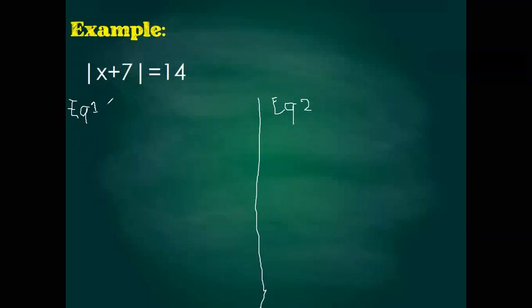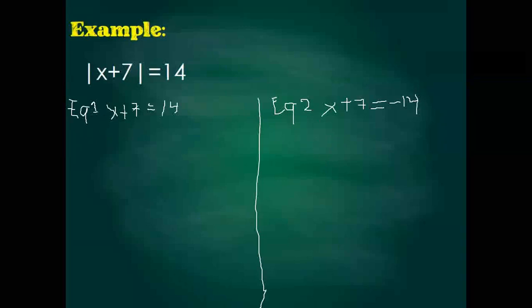Equation number 1: x plus 7, just remove the two bars or the absolute value, equals 14. Just copy the equation. For equation number 2, you will change the sign of the 14. So x plus 7 equals negative 14.